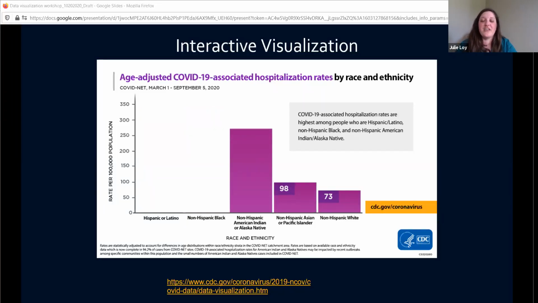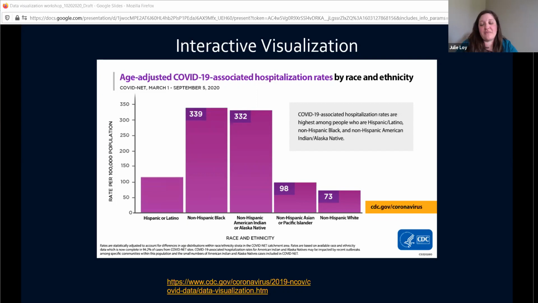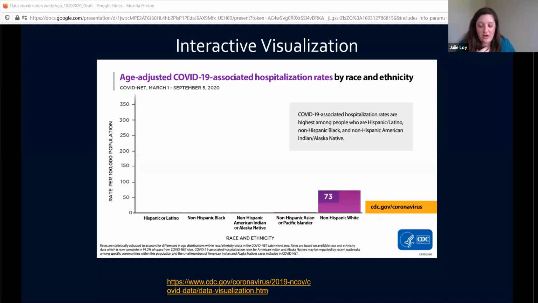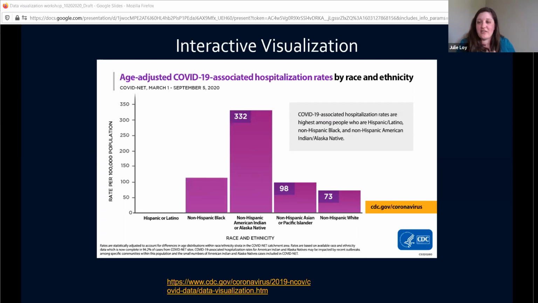It's a GIF, but it's fascinating because it's using some amount of discovery for our users, and it's not just static. There's something happening here.